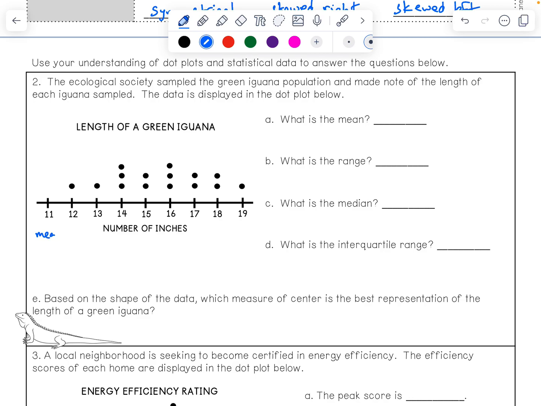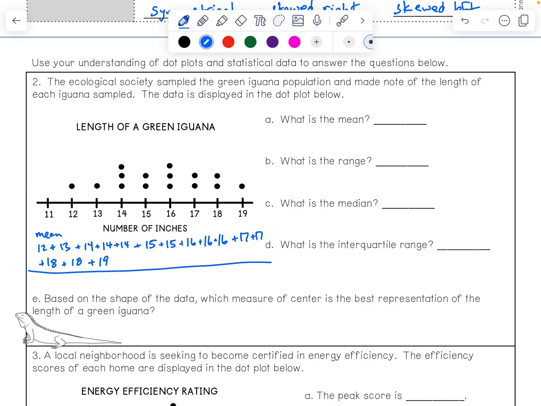In order to do the mean, you have to add up 12 plus 13 plus 14, 14, 14, plus 15, plus 15, plus 16, 16, 16, plus 17, plus 17, I'm going to have to use another row, plus 18 plus 18 plus 19. Add all that up and you divide it by how many dots there are.